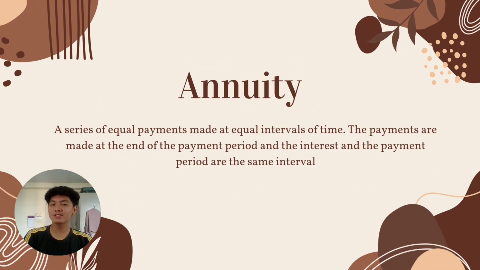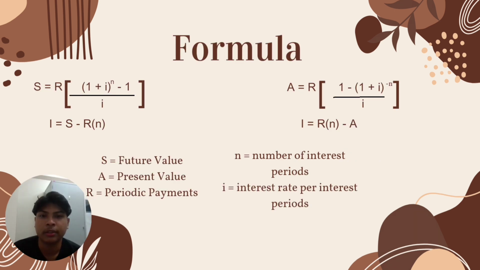Now I will explain what an annuity is. An annuity is a series of equal payments made at equal intervals of time. The payments are made at the end of the payment period, and the interest period and the payment period are the same interval. So annuity has two formulas: S equals R times ((1 plus i) to the power of n minus 1) over i, and A equals R times (1 minus (1 plus i) to the power of negative n) over i.